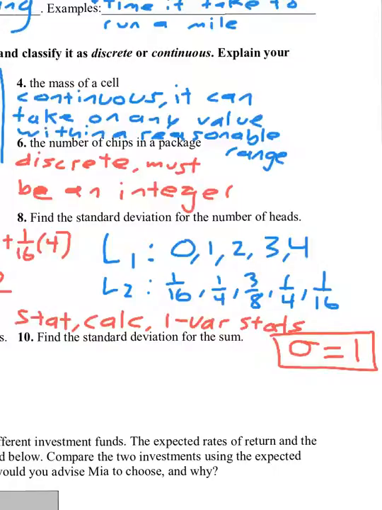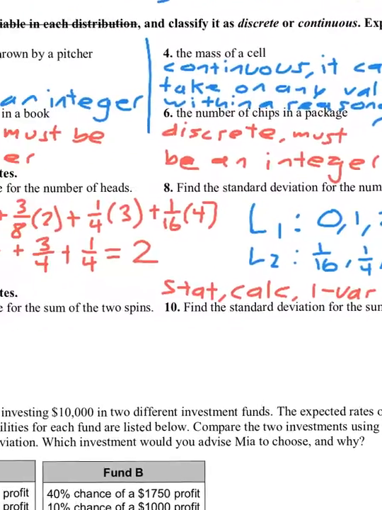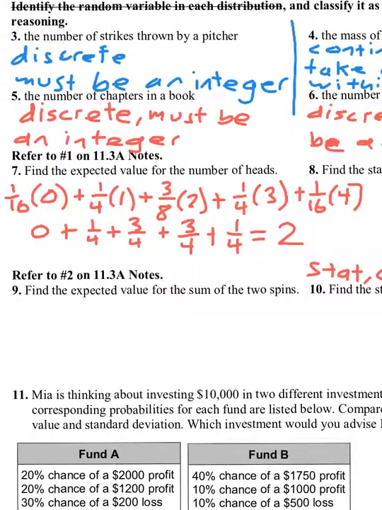Alright, now we're going to find the expected value and the standard deviation for the other problem that we did in the first half of this lesson. So find the expected value for the sum of 2 spins. Okay, so go to Stat, Edit, in L1, or you could do this wherever you want.